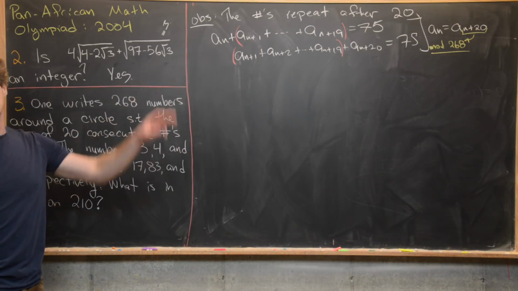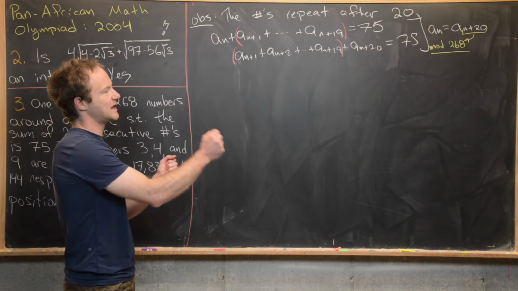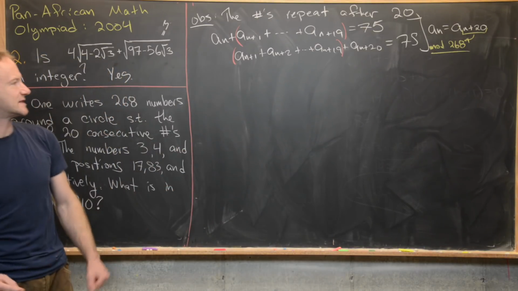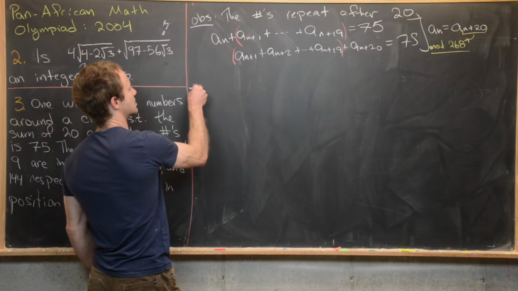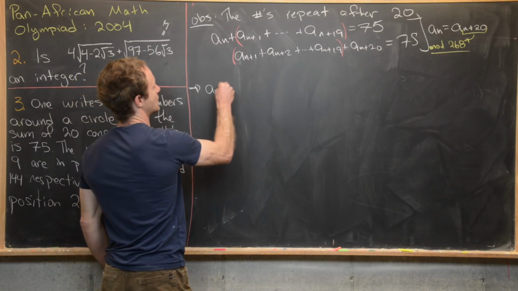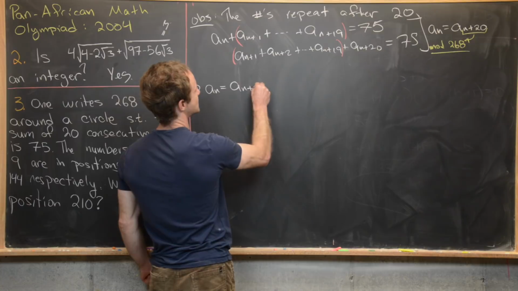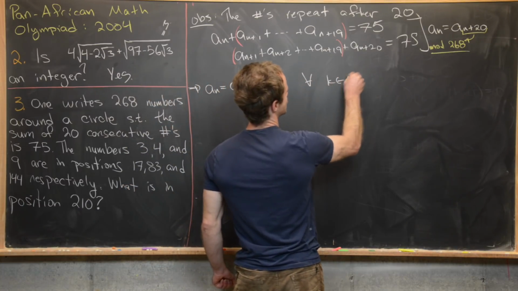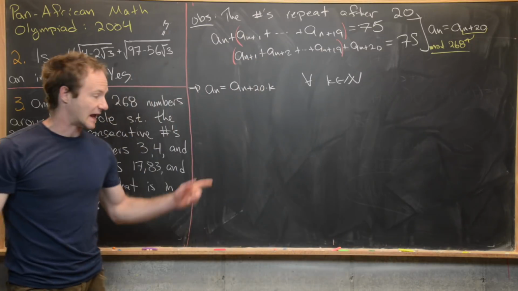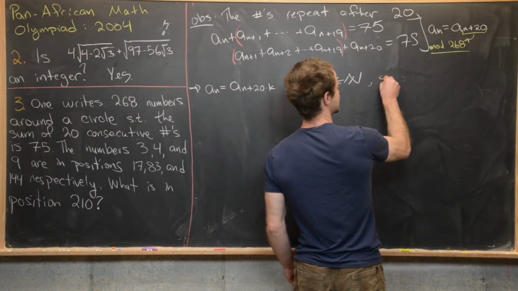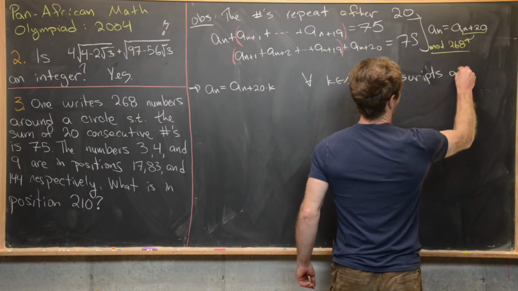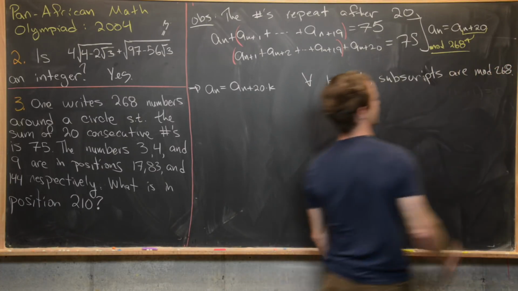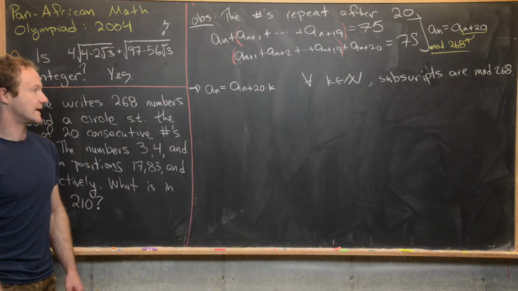Now we can generalize this to say that this is not repeating every 20th step, but every 20 times k step. So maybe let's write this down. This means that a_n equals a_{n+20k}, and this is true for all natural numbers k, where the subscripts are mod 268. Okay, great.